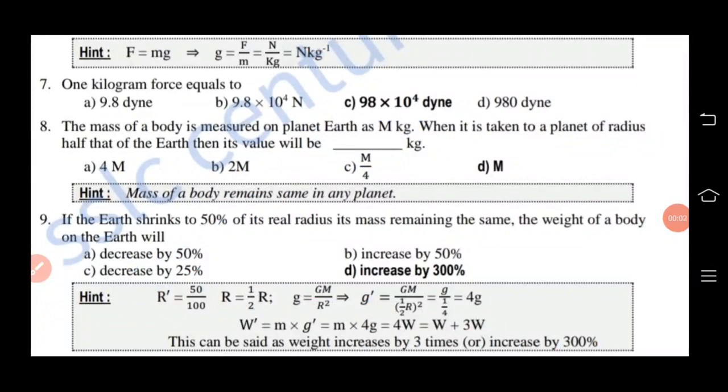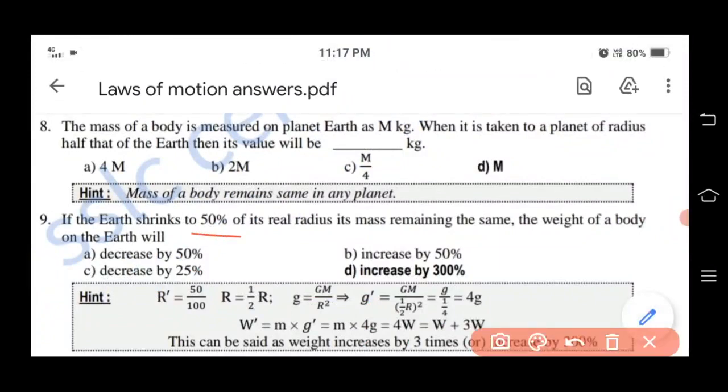Question number 9. If the Earth shrinks to 50% of its real radius, its mass remaining the same, the weight of the Earth will be increased by 300%.